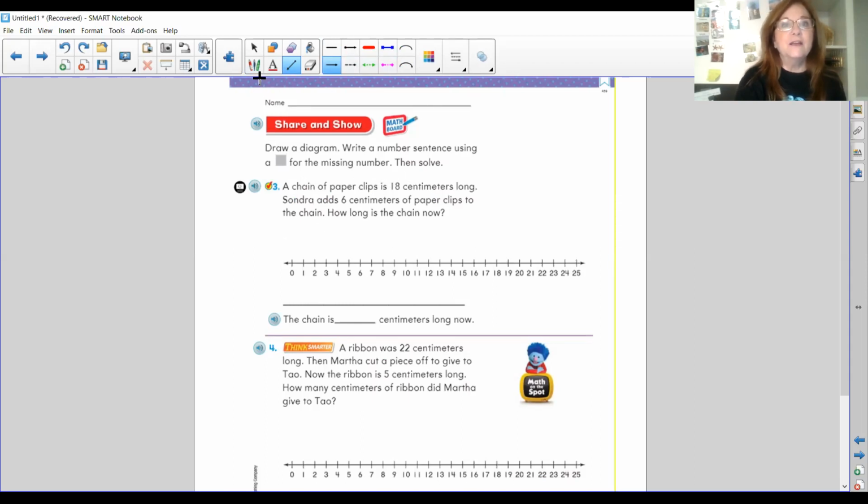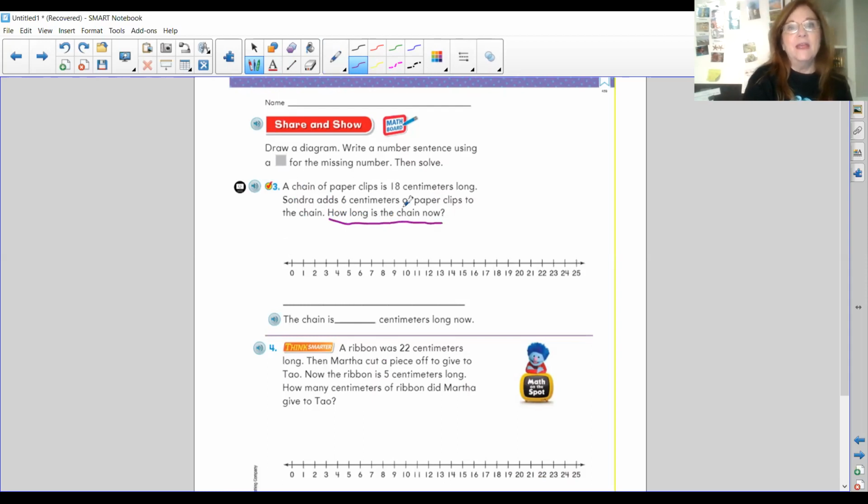So, and we should underline what we want to find first. First, we want to find out how long is the chain now, and then what are we going to use? We're going to use 18 centimeters and 6 centimeters. So getting our arrow here, our line.